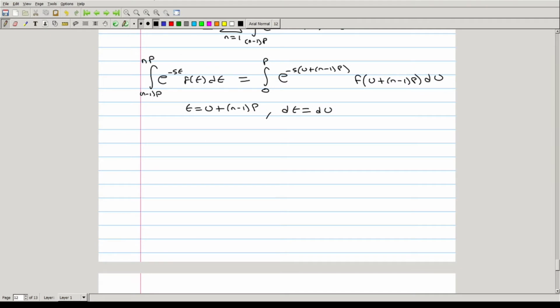And because of the periodicity of the function f having period of p, this then will be equal to e to the negative s times n minus 1 times p, times the integral from 0 to p of e to the minus su times f of u du.